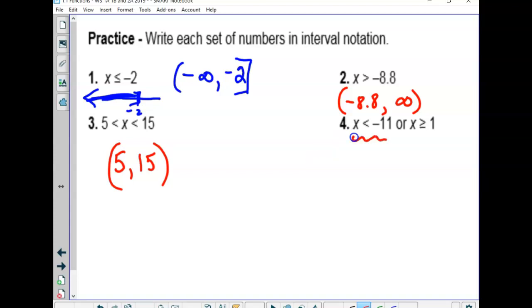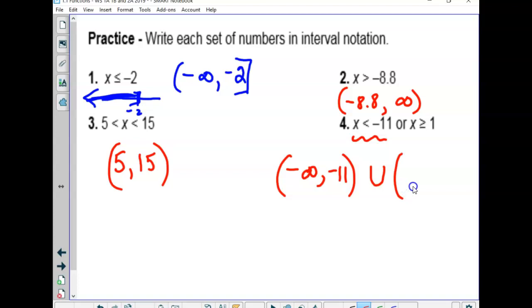So this one, good job. And even though it says or, we use the union symbol. So the number could fall down there, or the union of these answers are also acceptable.